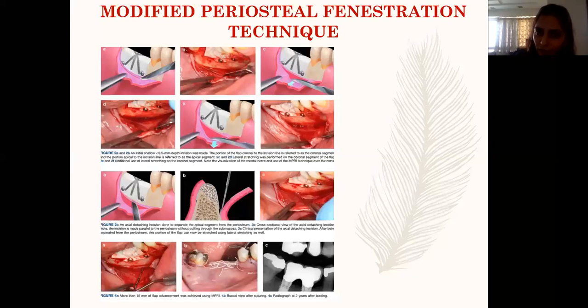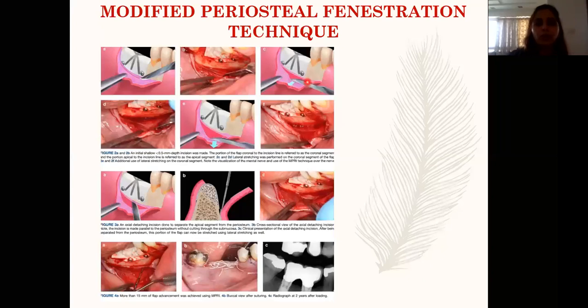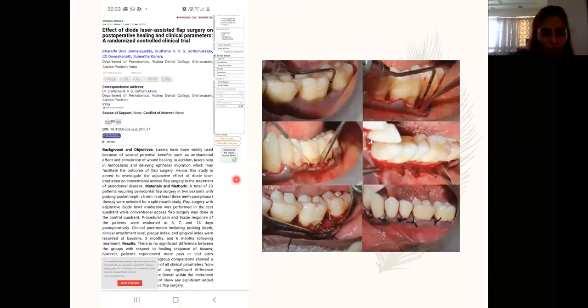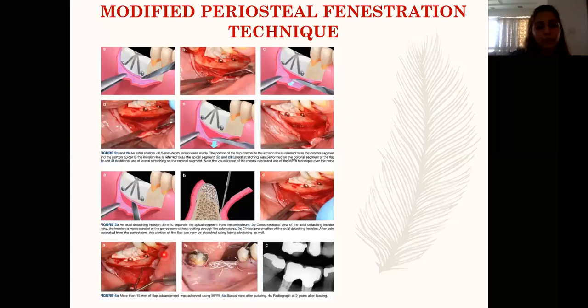The flap can then be pulled outwards and laterally to make it more amenable to advance over the area where we have formed our regeneration.